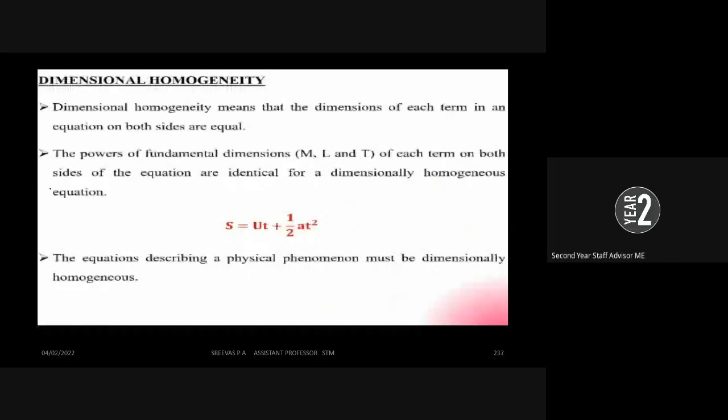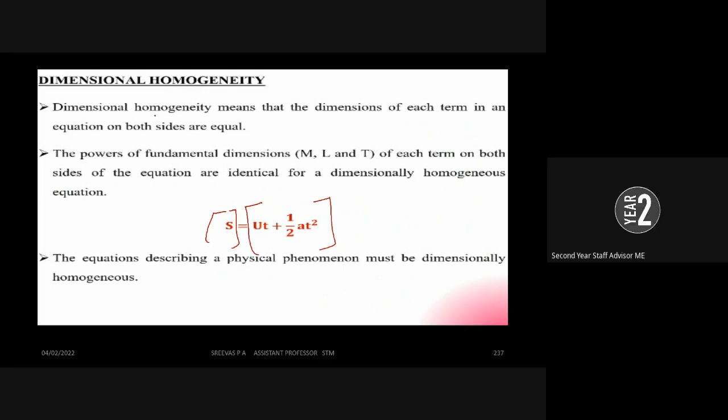Dimension set LHS equal to RHS. That means LHS of dimension of SC is equal to dimensions of UT plus half AT square. അങ്ങനെയാണോ? അങ്ങനെ എന്തോ ഓർമ്മയില്ല.